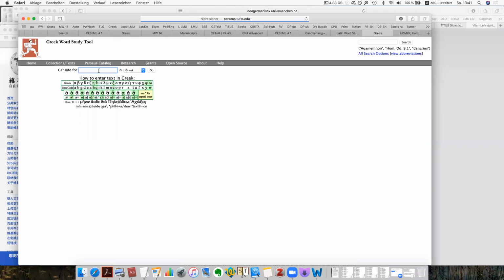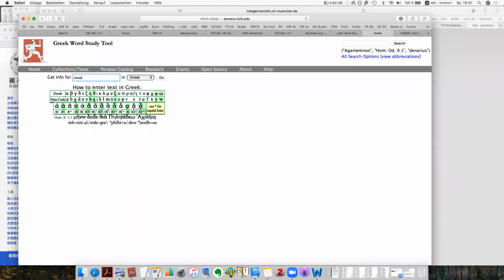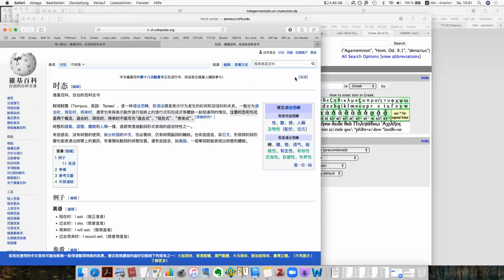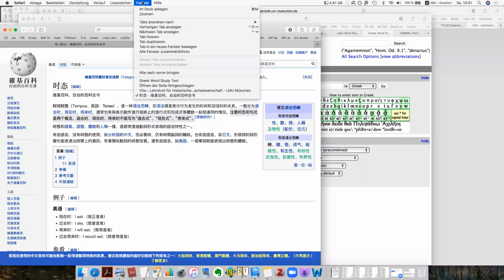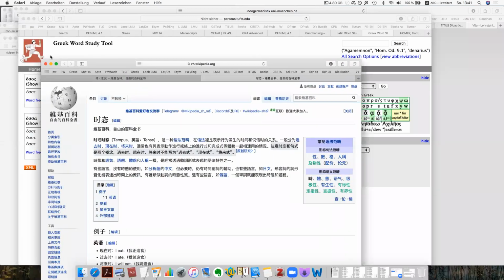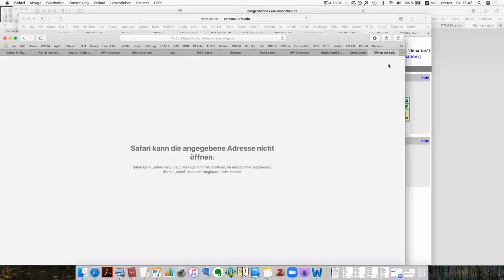Actually, in the Greek dictionary, there's a word called osse. Sorry, it's not attested. It's not recorded here. So probably we can check the etymological dictionary. Wait a minute. I need to get the etymological dictionary. It's not here, right?